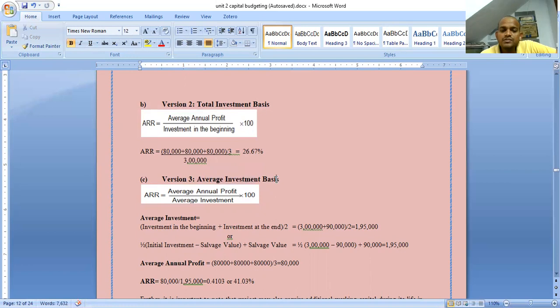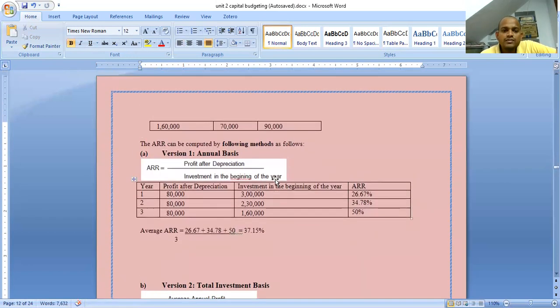So there are three versions. In the first version, annual basis, profit after depreciation divided by investment in the beginning of the year. If we consider only the investment in the beginning of the year, then the ARR will be different.